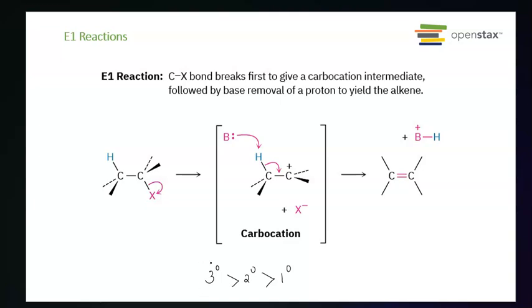So that's why when we try to predict reaction mechanisms, sometimes you will see that SN1 and E1 reactions happen hand in hand. That means you will see both E1 and SN1 products because the reaction conditions are pretty much similar to both of them.